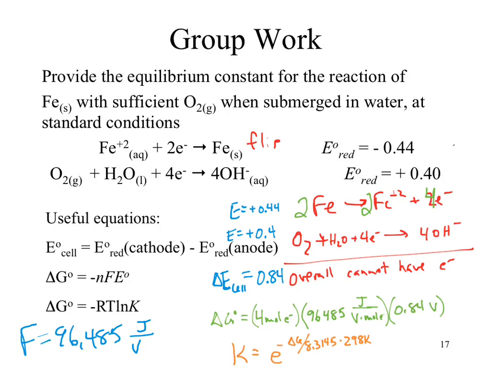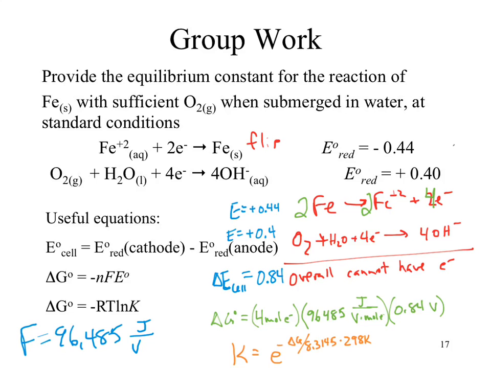The other way we could do it, why do we know we have to flip the iron? The equation says iron solid reacts with oxygen. If we didn't flip that equation, is iron solid on the same side as our oxygen? No. So we'd flip it.